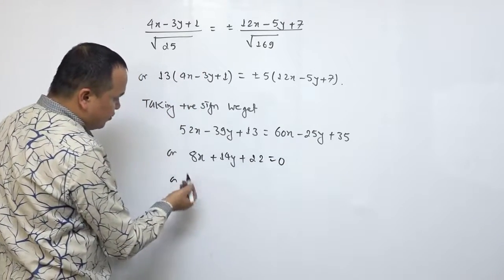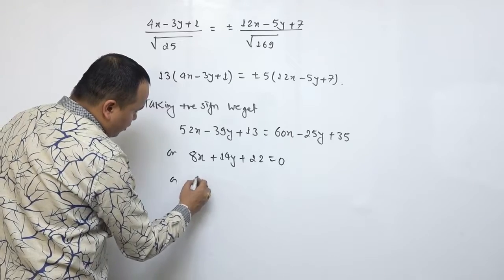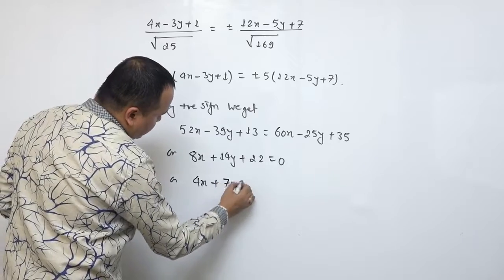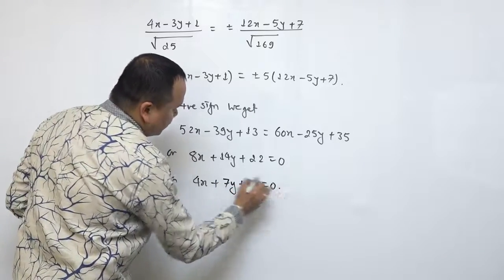Here 2 is common, then 4x + 7y + 11 = 0.